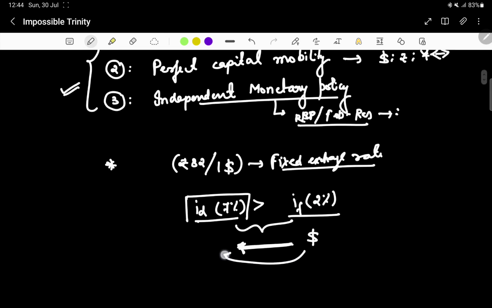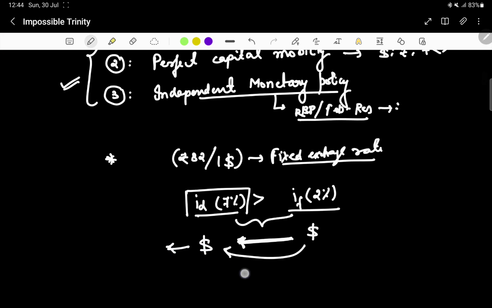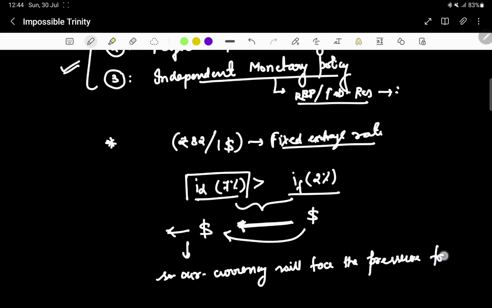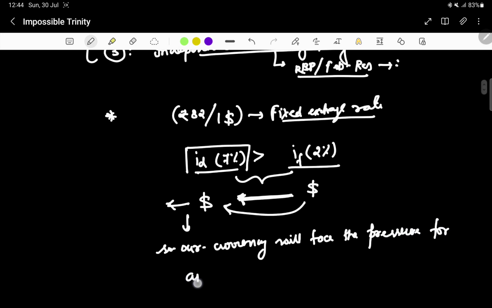So if dollars come to our country, there will be more supply of dollars, and it will result in lesser demand for domestic currency, and so our currency will face pressure for appreciation.